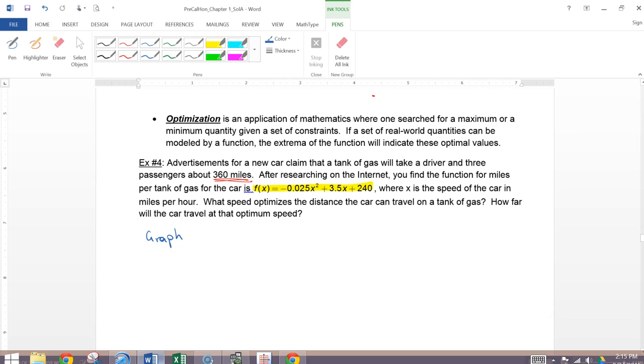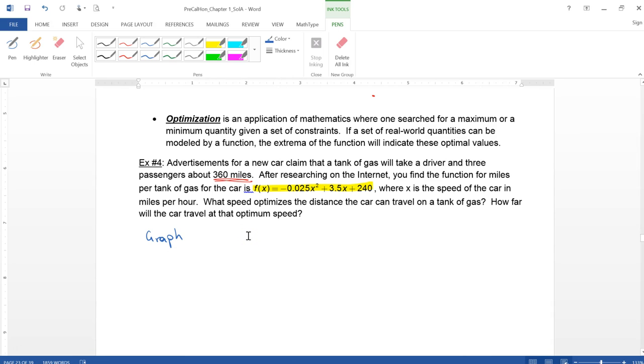So going back, you say that the maximum mileage distance is 362.5 miles when driven at 70 miles per hour.